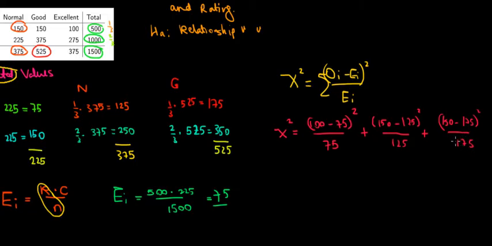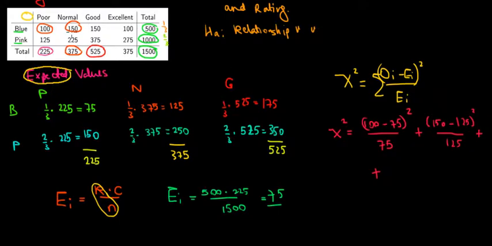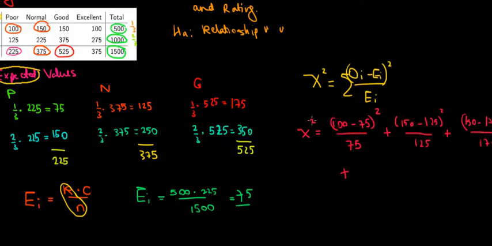I'll write here below, plus this one over here, the observed value 125 minus 150, the expected value that we calculated, to the power of 2 divided by 150. Plus we go to this cell, the 225, normal and pink. That's the observed value, 225 minus the expected value we calculated to be 250, to the power 2 divided by the expected value of 250.